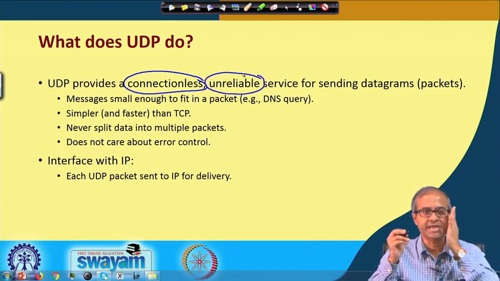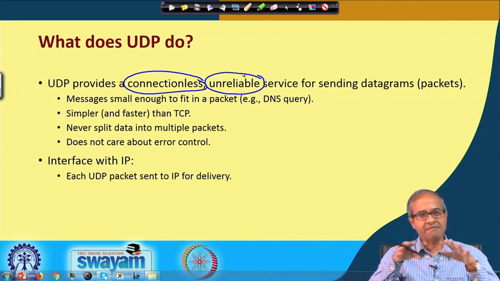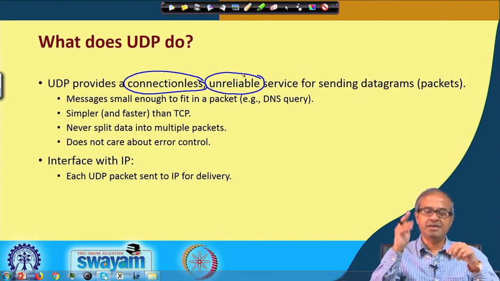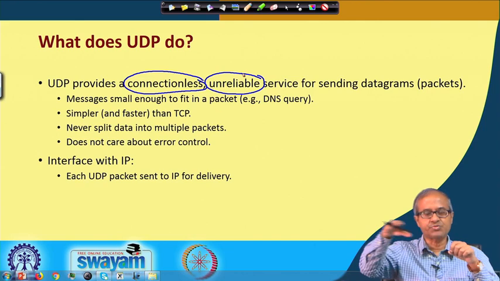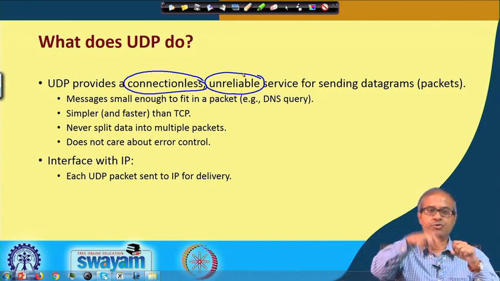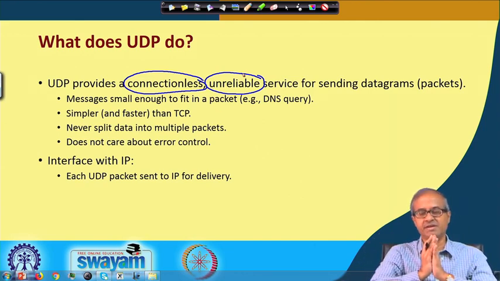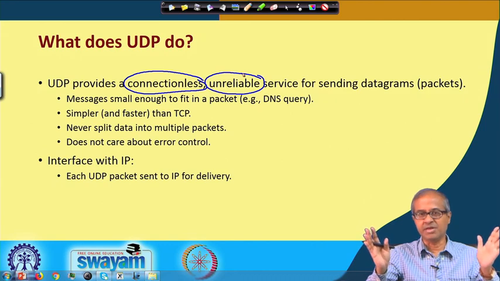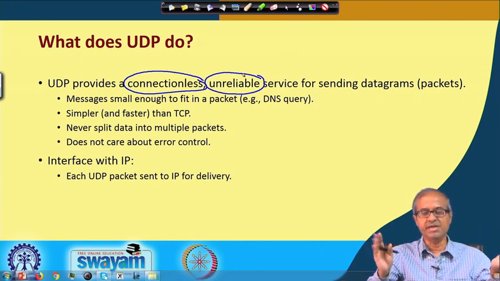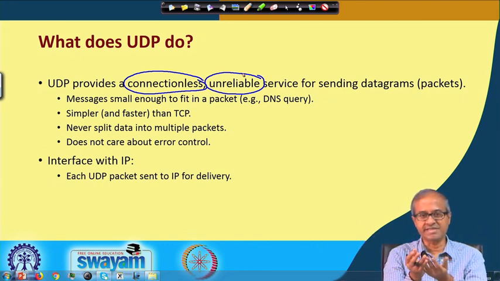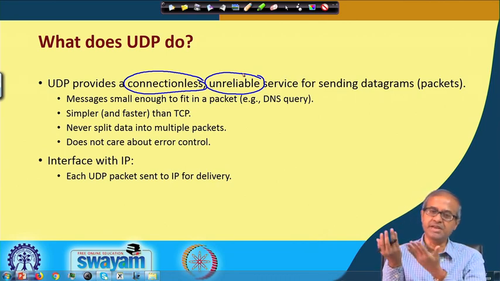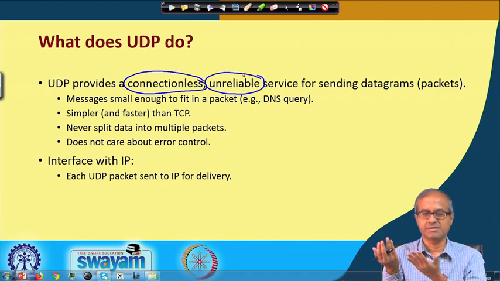That means you can say UDP and IP are very similar. It just provides a transport layer interface to directly interface with IP. It does not provide any reliability like TCP. It does not order the packets like TCP does. It simply receives the packet as it comes.